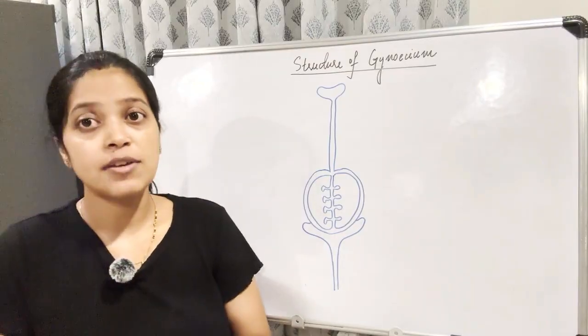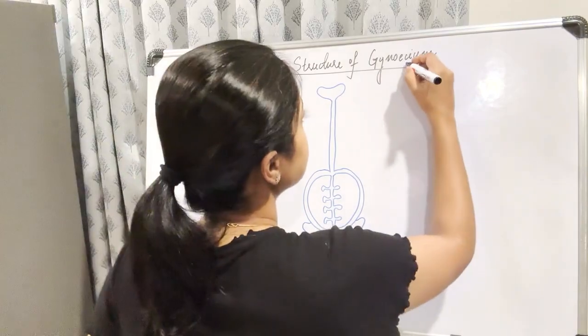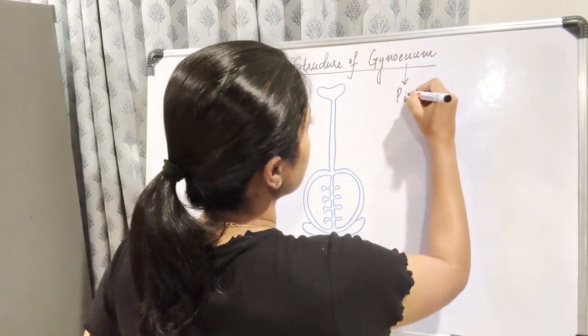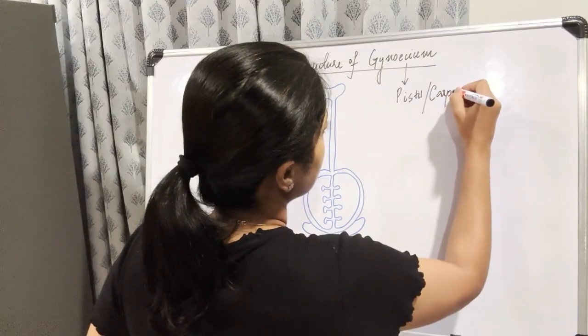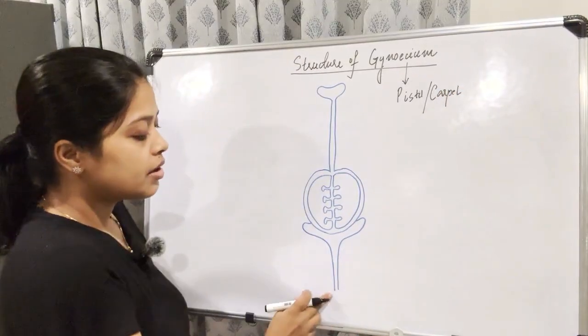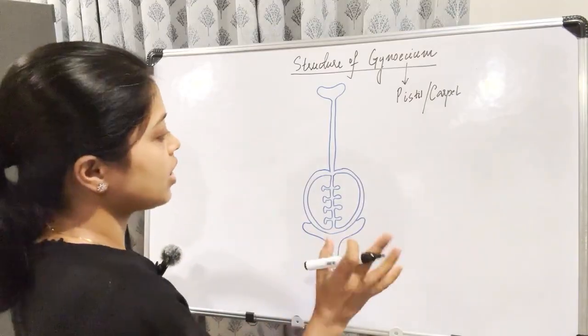So gynoecium is the female reproductive part. It is also called as pistil or carpel. So here I have made the structure of carpel or pistil or gynoecium.